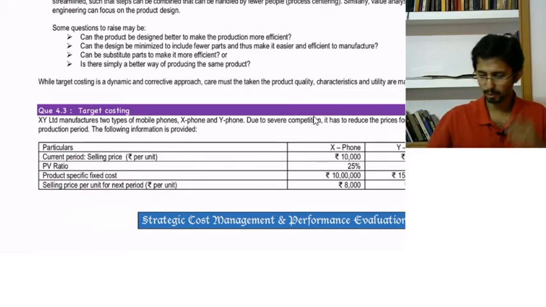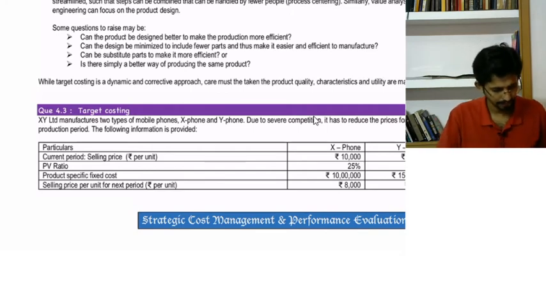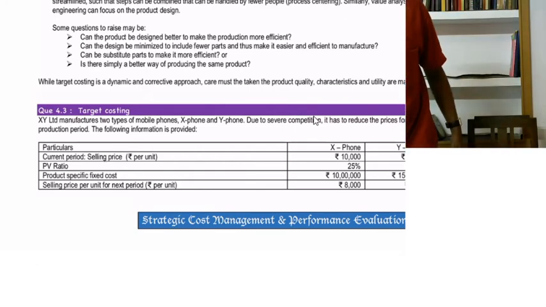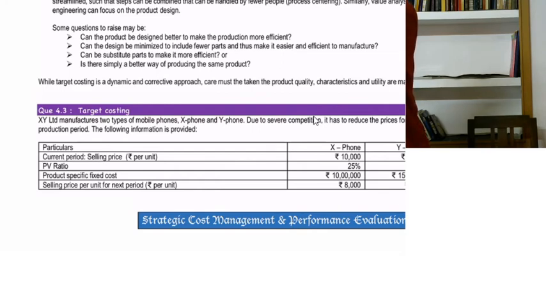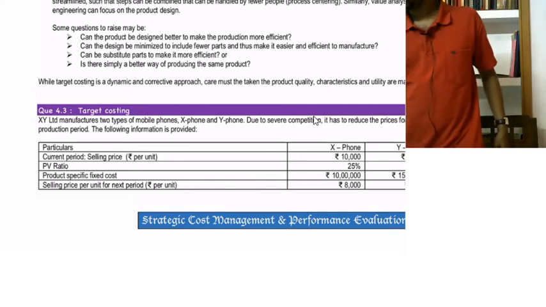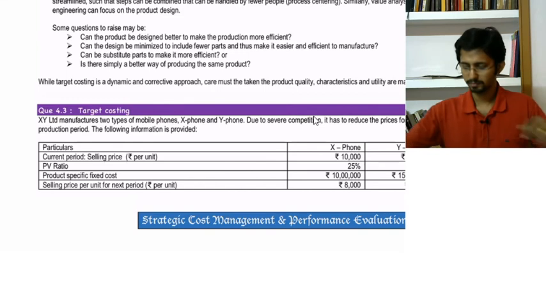Take question number 4.3. Read the problem.